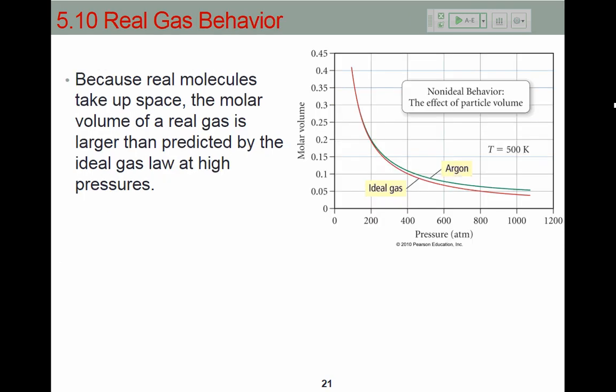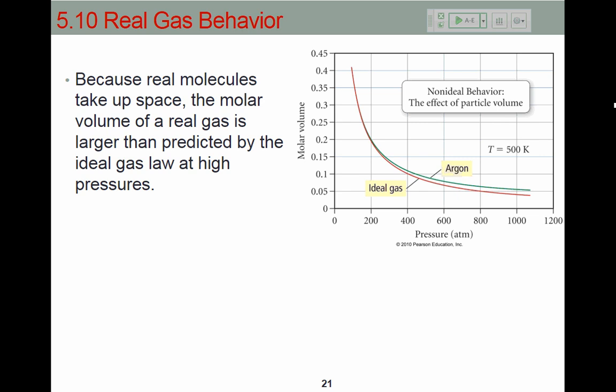Because real molecules do take up space, the molar volume of a real gas is larger than predicted at high pressure. So really what's happening is you've gotten to the point where you are closing the volume so much that now the size of the individual gases makes a difference.